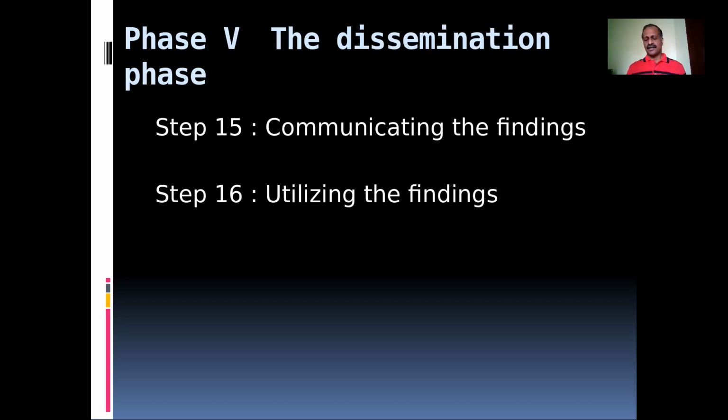So these are the different steps involved in the research process. In a nutshell, I can say that the research process is a 5-phased, 16-step process. And this is a very, very important aspect of your examination.